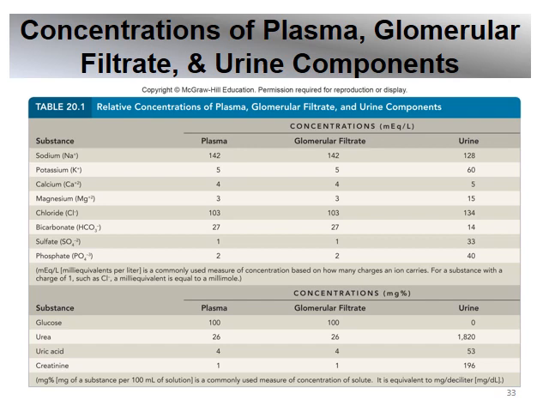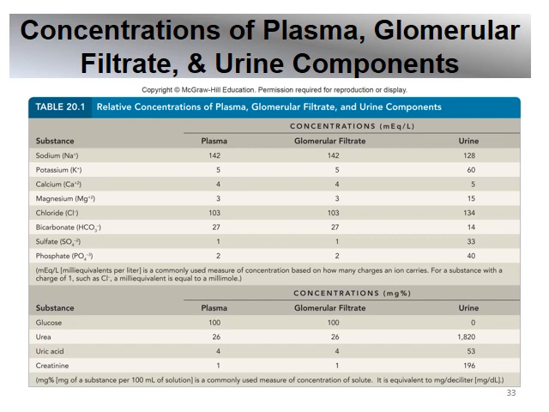Okay, on this slide we can see the relative concentration of different molecules, electrolytes, etc., between the plasma, glomerular filtrate, and urine components. So we'll notice that with things like sodium, you have 142 milliequivalents per liter in the plasma, the same in the filtrate.